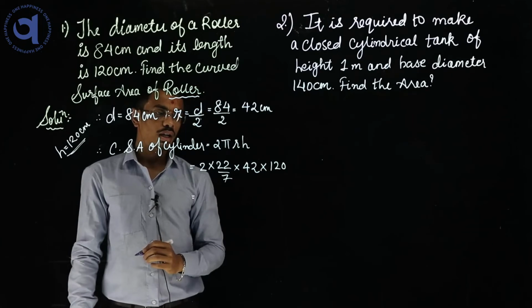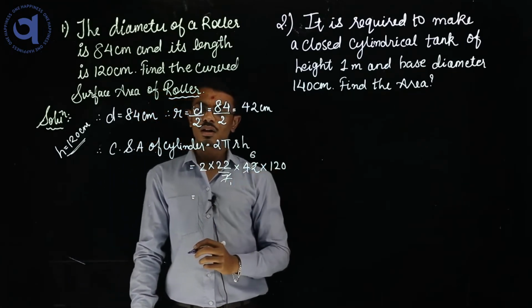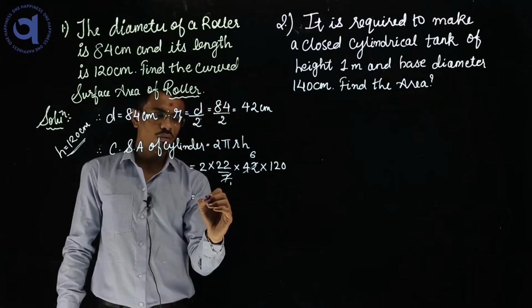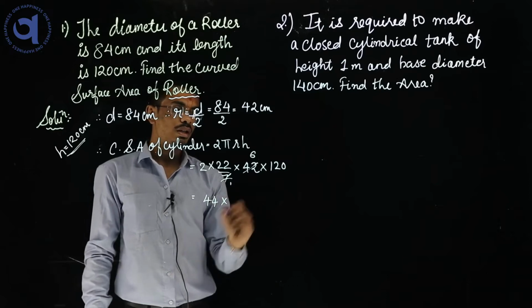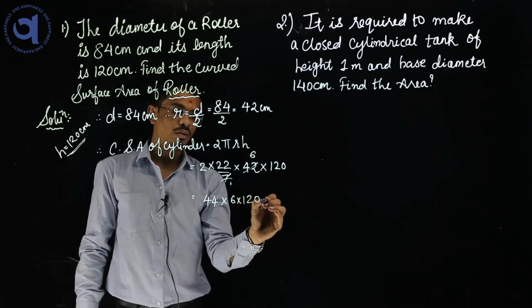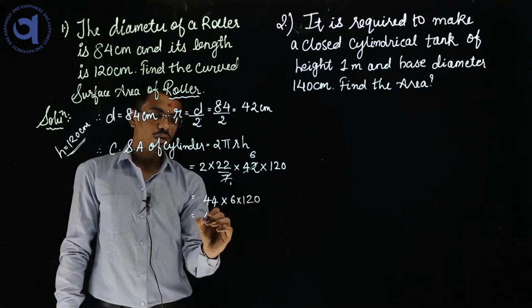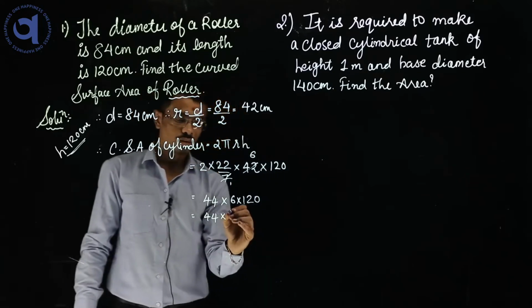Now let us do the cutting, that is 7 ones and 7 6. Clear? So remaining part will be 2 multiplied by 22 is 44, multiplied by 6 into 120, 6 multiplied by 120. So this will be 44 as it is, multiplied by 12 6s are 72.